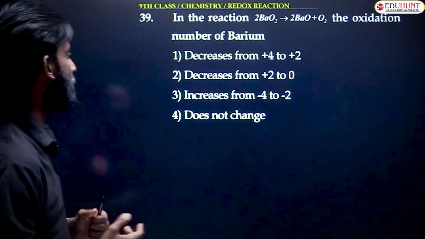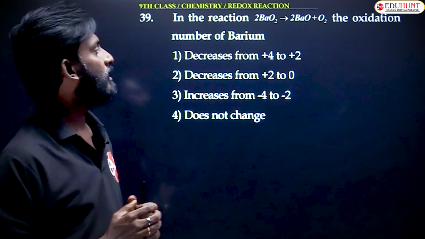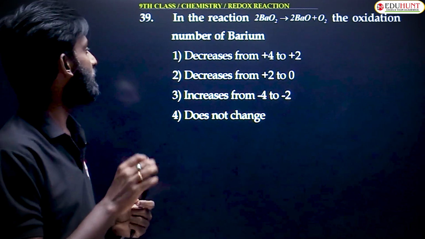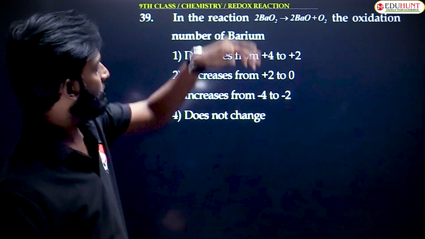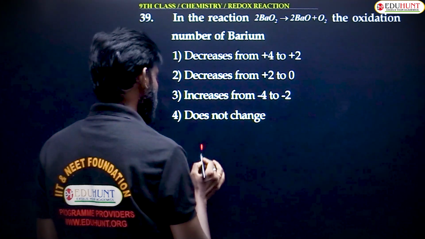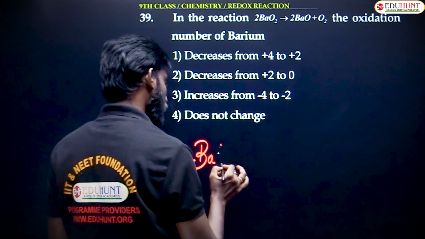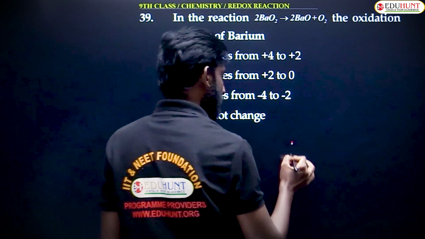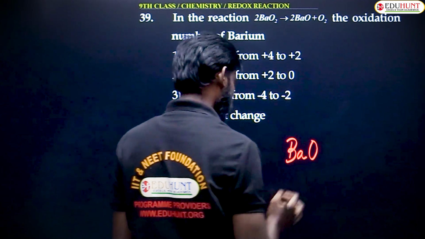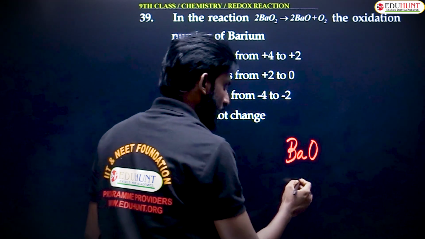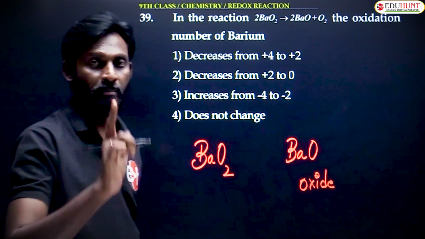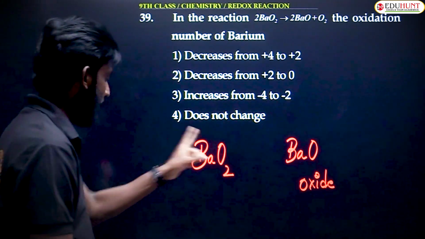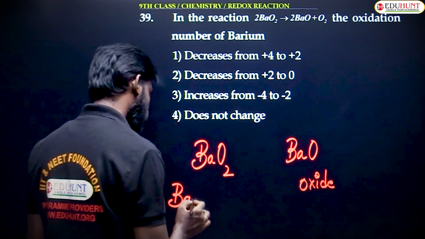Moving towards the next question. In the reaction BaO2 to BaO, the oxidation number of barium. You find two species here, BaO2, and on that side you have BaO. This is barium oxide, and this is a peroxide, barium peroxide.